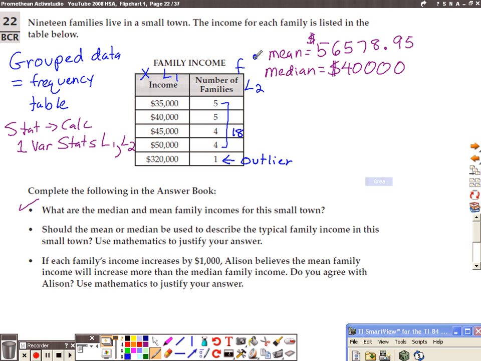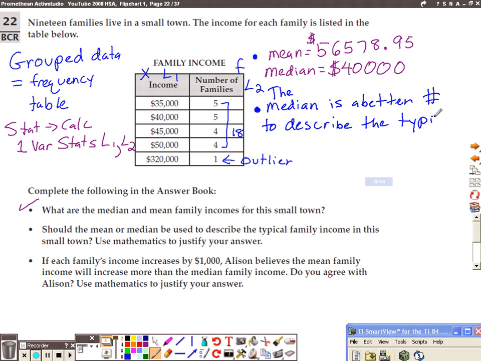So the answer for our second bullet point is going to be that the median is a better number to describe the typical family income.